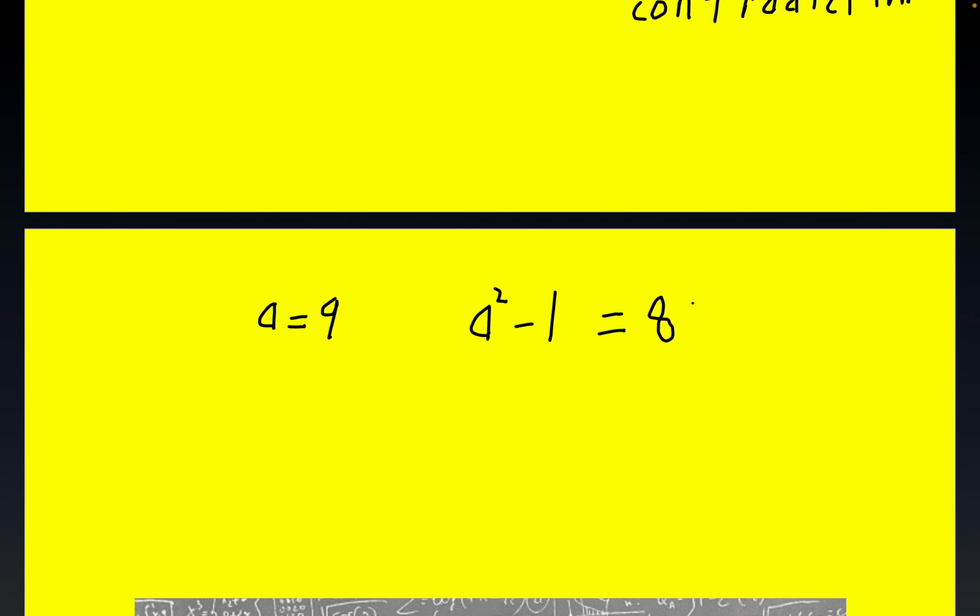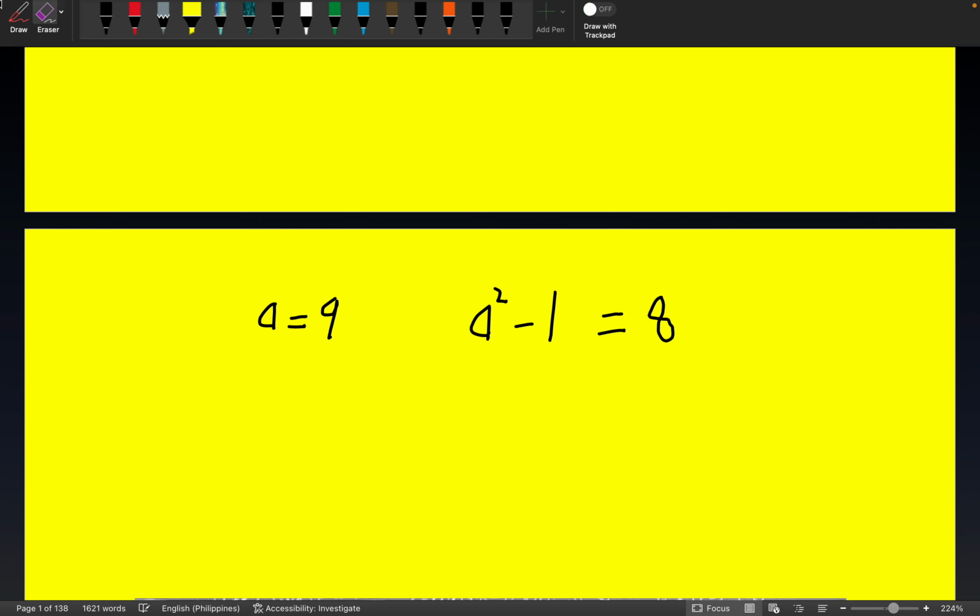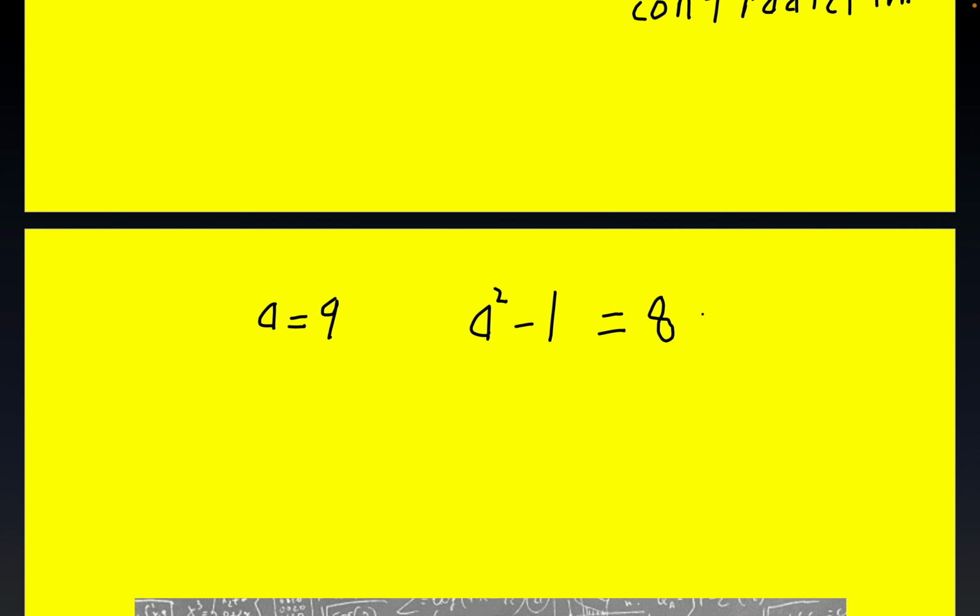Sorry, folks, let me erase that. This is 80. Now notice that 9 is not a factor of 80. So 9 does not divide 80, right?